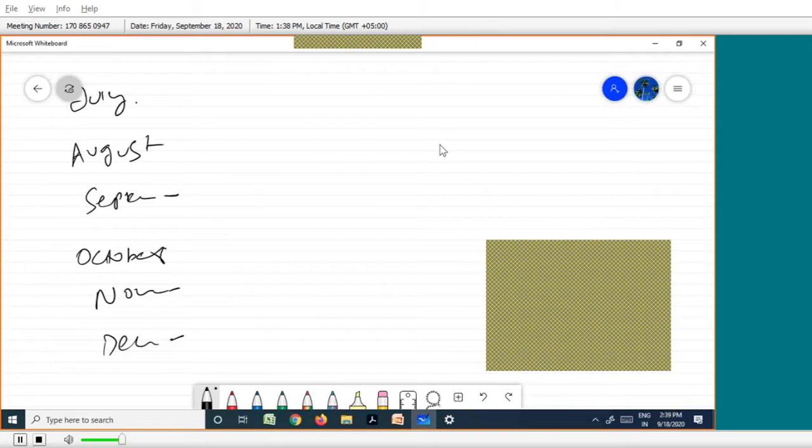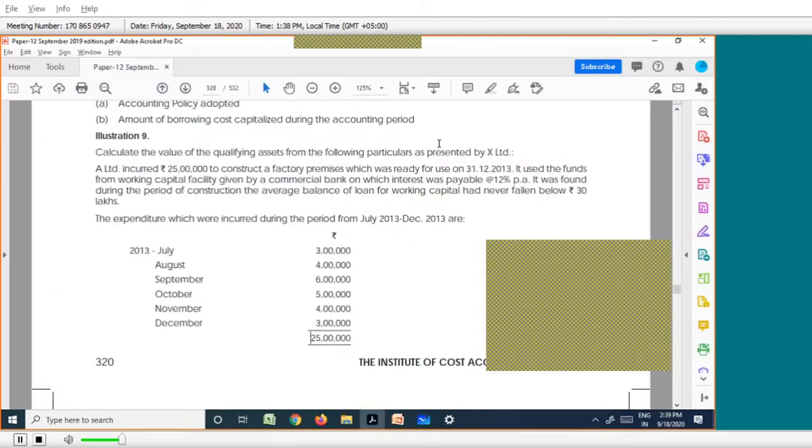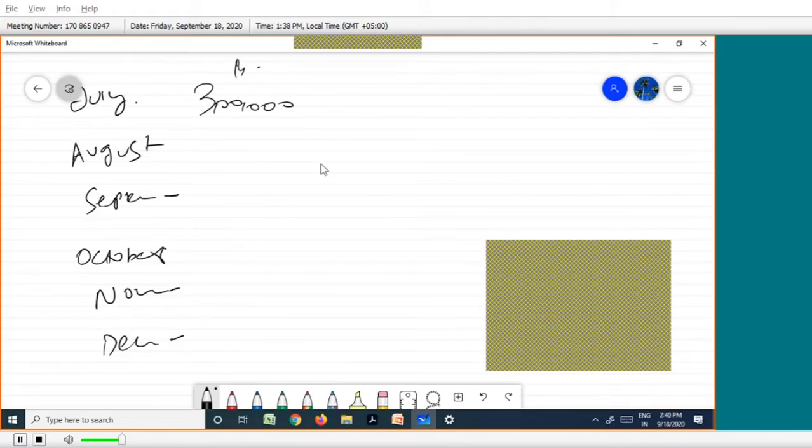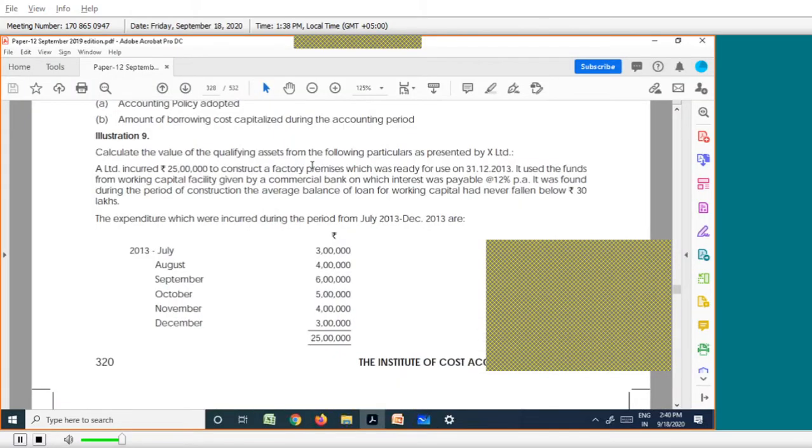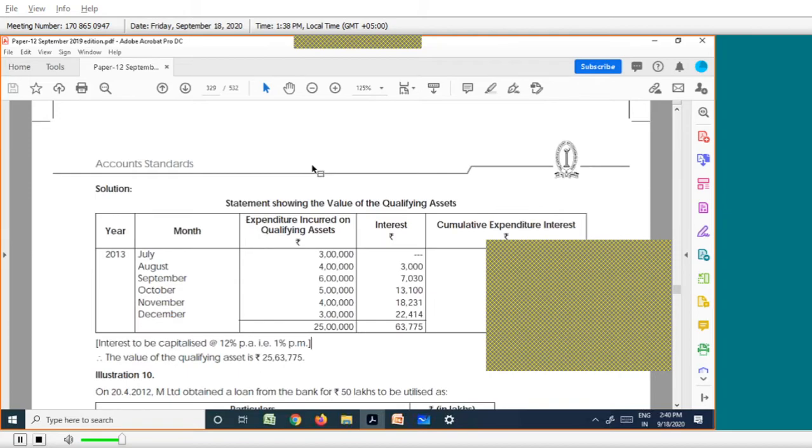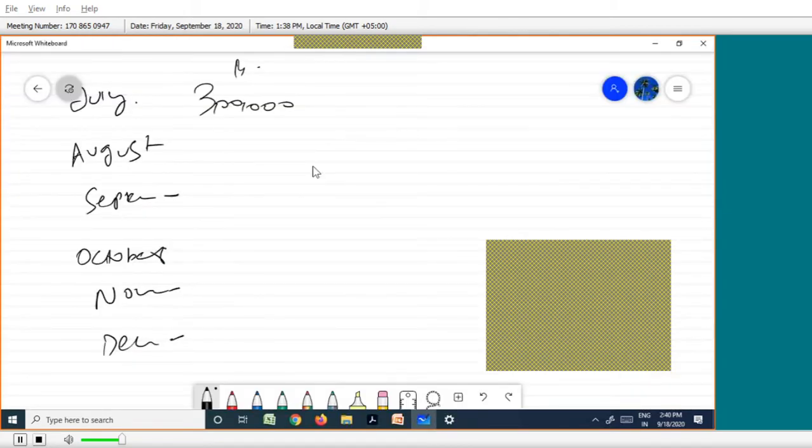How much they utilized for July? 3 lakh rupees. So this is the utilization amount. Then the interest portion, then closing balance. Closing balance means loan amount. I withdrew 3 lakh rupees from the bank and utilized it.